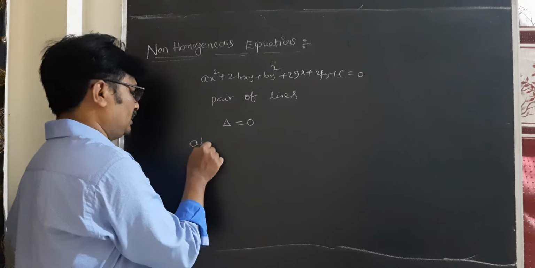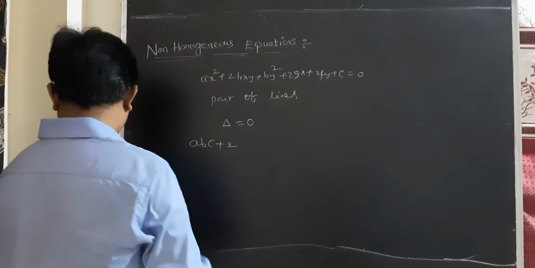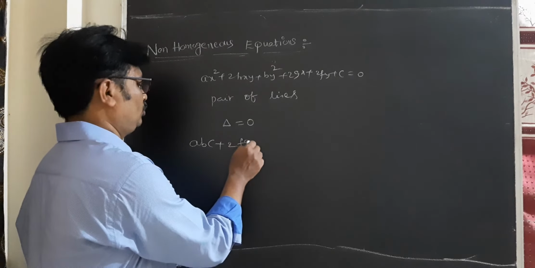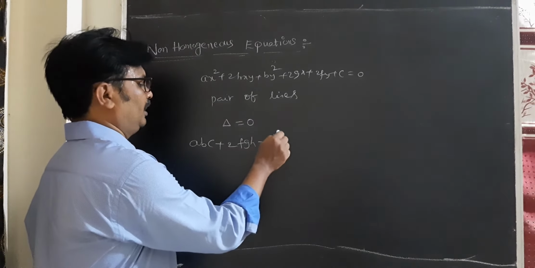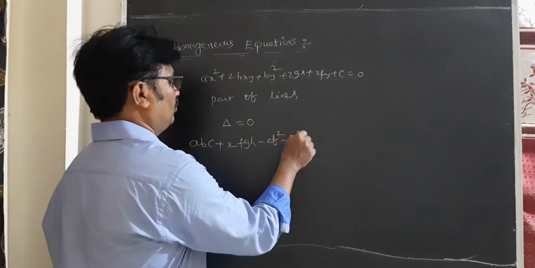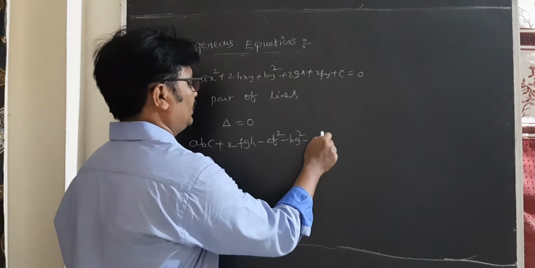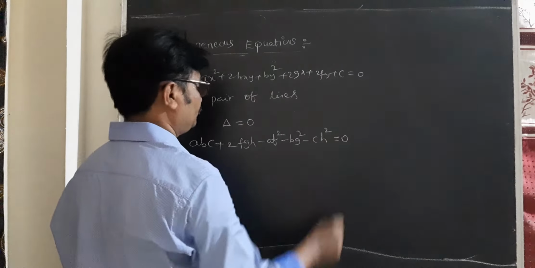Delta is, students, abc plus 2fgh minus af square minus bg square minus ch square equal to 0.